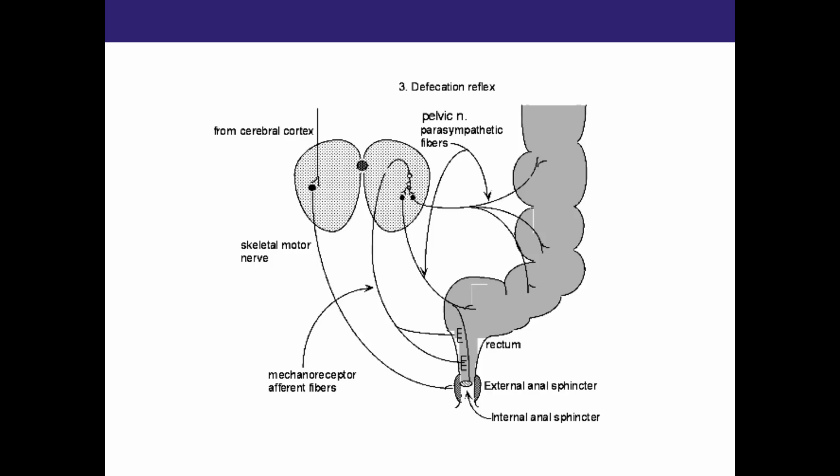But nothing should happen until you voluntarily relax the external anal sphincter under skeletal muscle control. You're in control of the external anal sphincter. Internal anal sphincter under smooth muscle control, and it's just part of that reflex, completely involuntary.